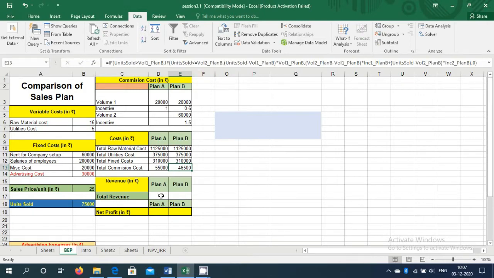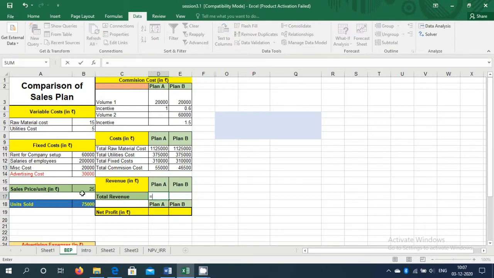Then I'll just find out the total revenue and net profit, then I'll give the explanation of this plan B. So total revenue would be total units sold multiplied with the sales price per unit. This way I can just drag this one.